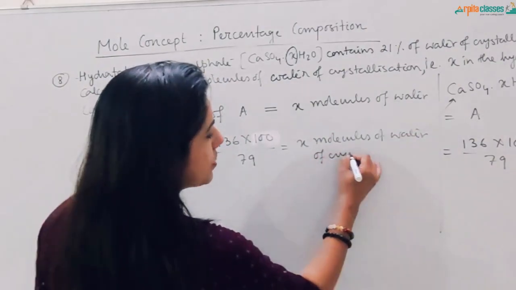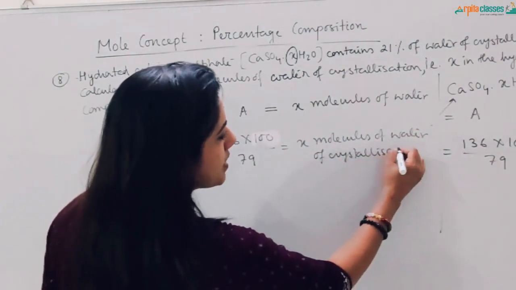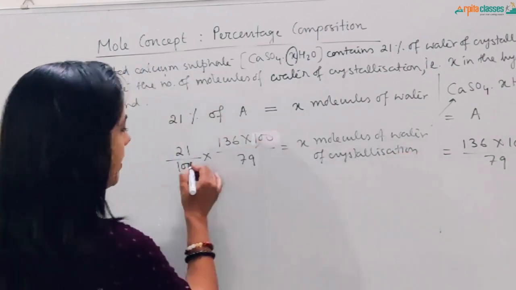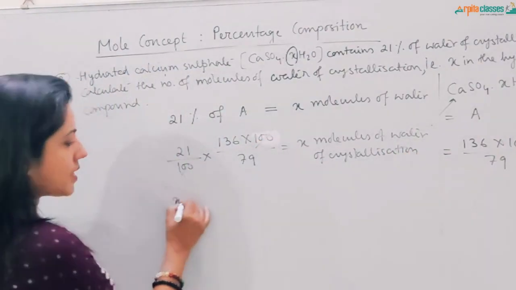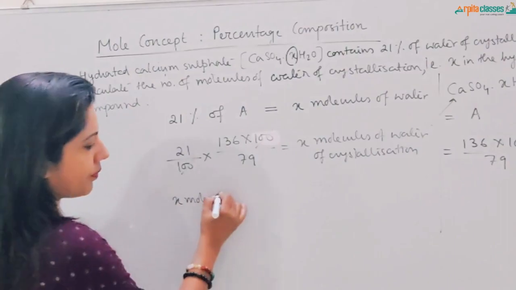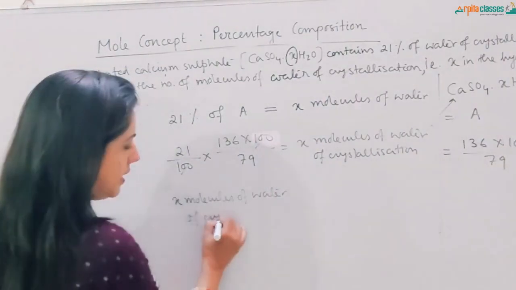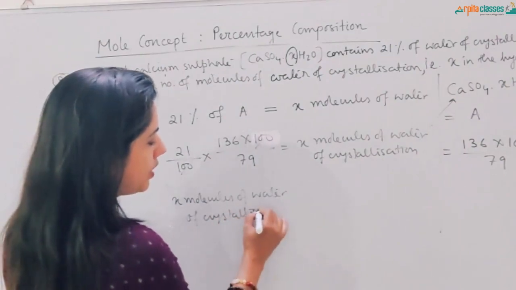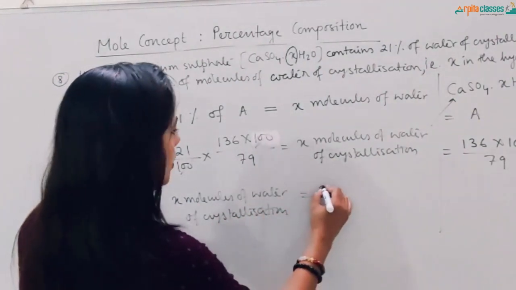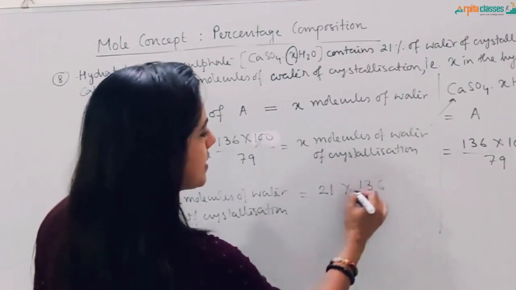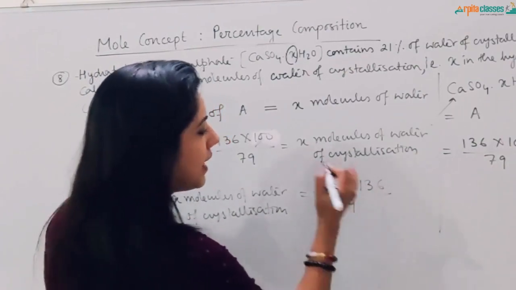So 100 cancels, and X molecules of water of crystallization is equal to 21 into 136 divided by 79.